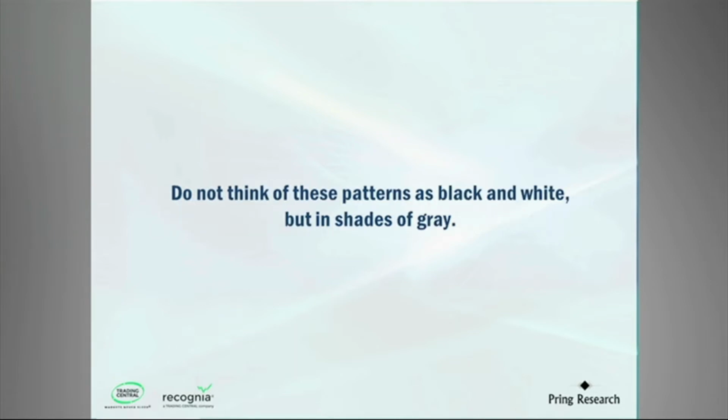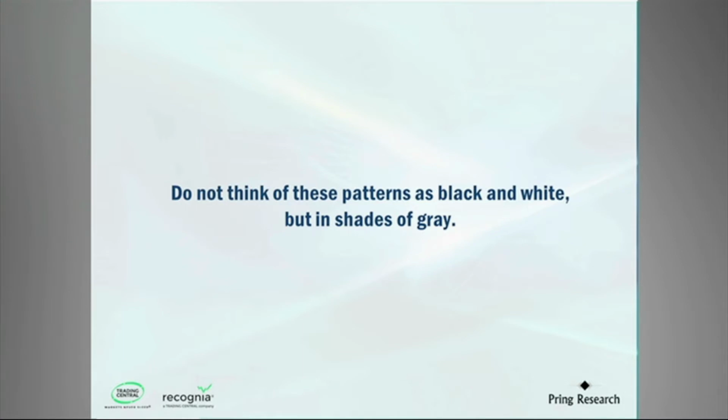We tend to think of the signals in these patterns as either buy or sell indications, and that's fine as far as it goes. However, it's equally as important to make an attempt at judging their quality, because not all patterns are created equal. This means that we should consider their signals in terms of stars or shades of grey.